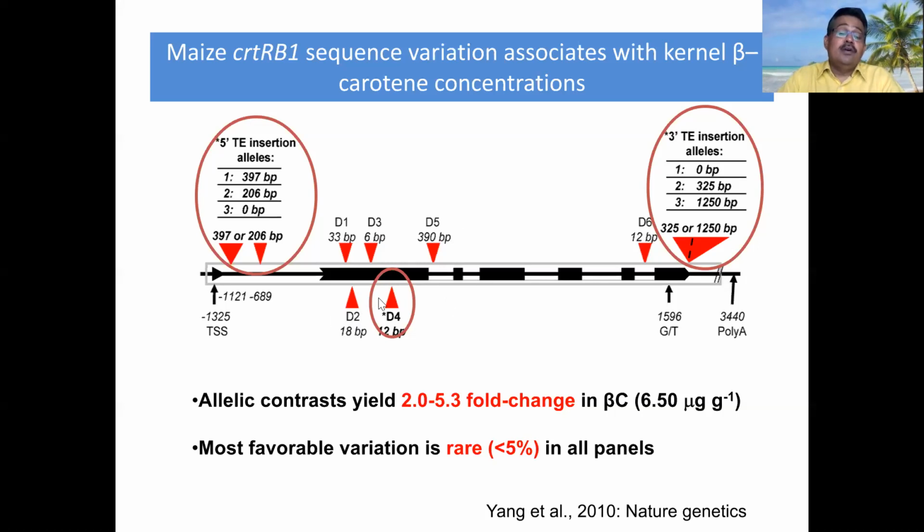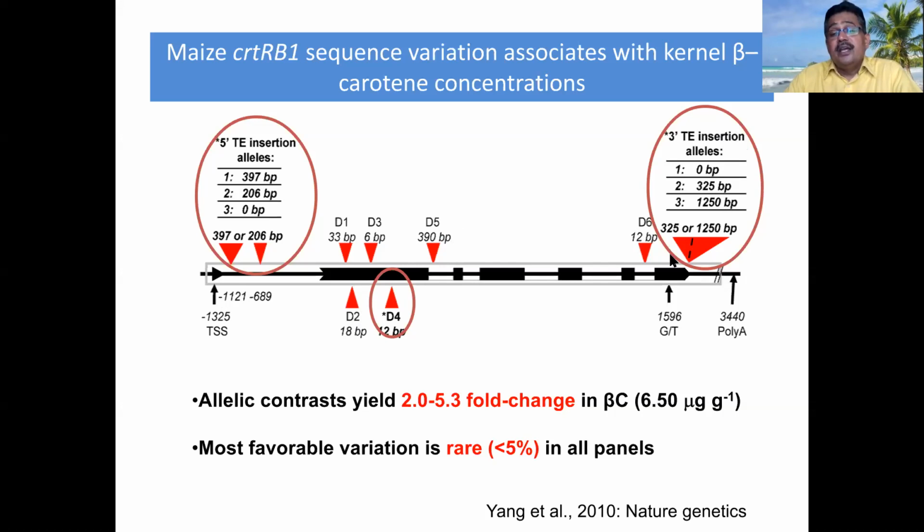Indeed, in the gene you can see all the exons and introns. In the 3' untranslated region, there are transposable insertions. They call these a few insertions: either a small insertion of 325 base pair or a bigger insertion of 1250 base pair.